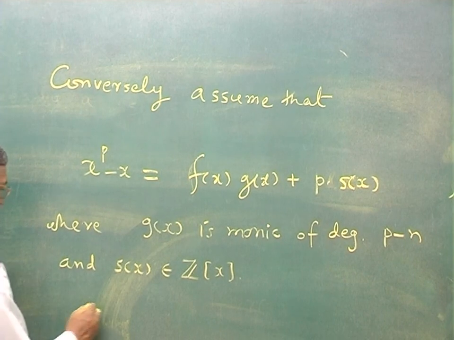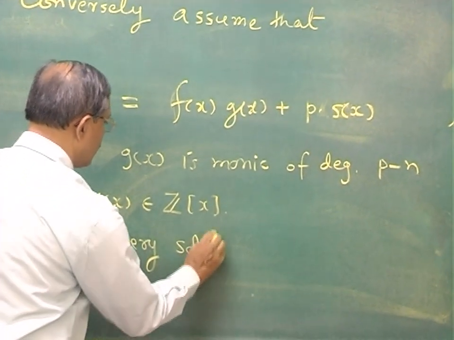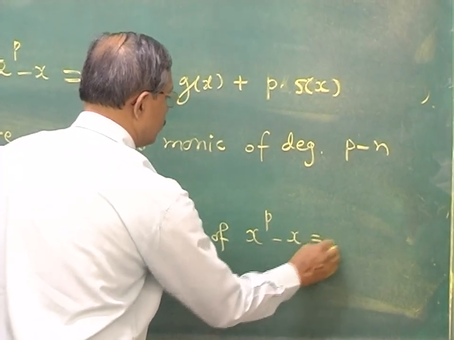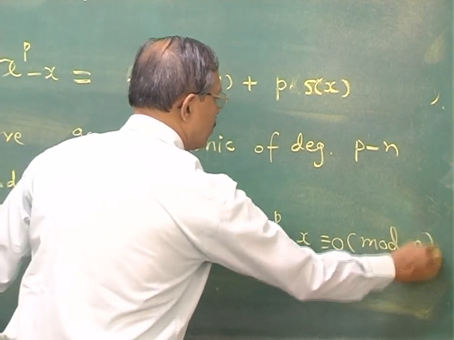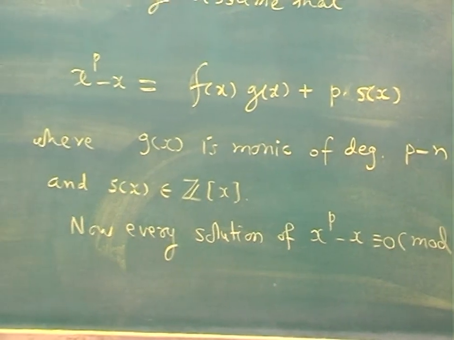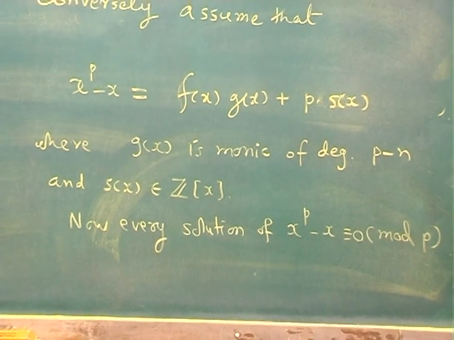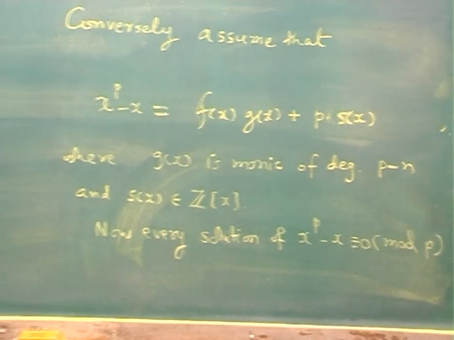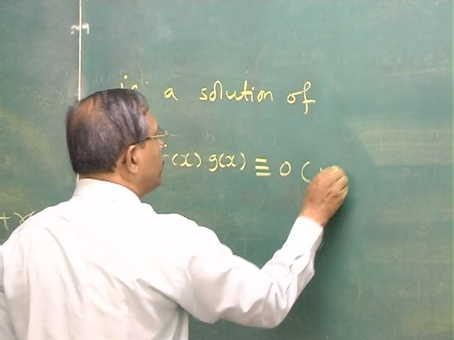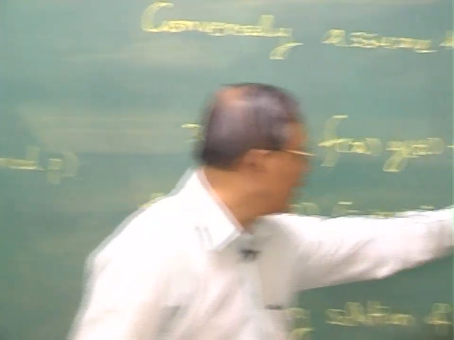Now every solution of x raised to p minus x congruent to 0 mod p is a solution of f(x) into g(x) congruent to 0 mod p, because this is 0 for any value of x.